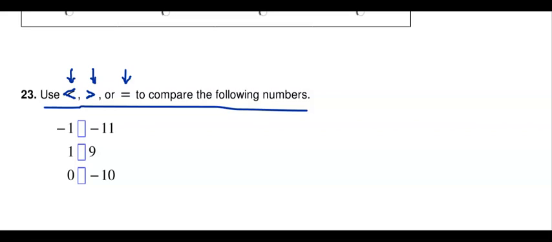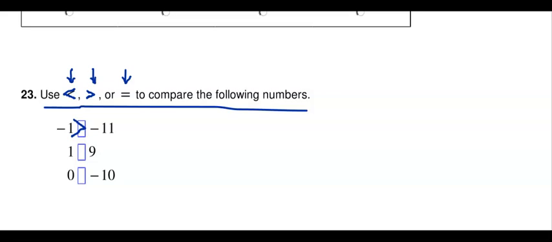So if you think of a number line, which one, they're not equal, of course, so which one is further to the left or further down the number line? Well, that would be the negative 11. So the negative 11 is going to be smaller than a negative 1, or negative 1 is greater than negative 11. You can kind of say that either direction.